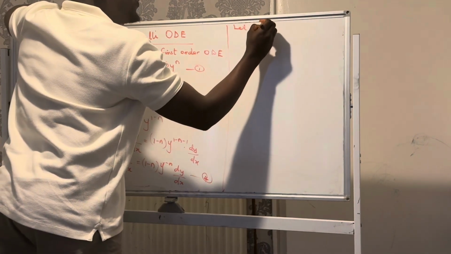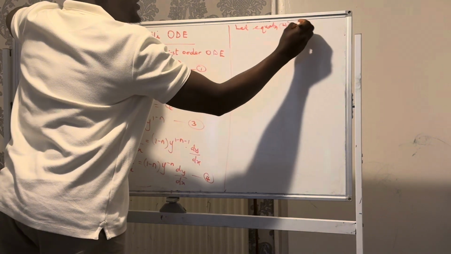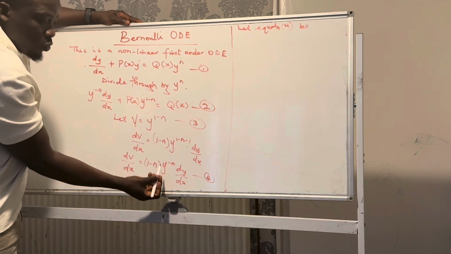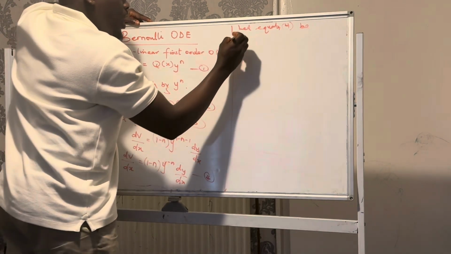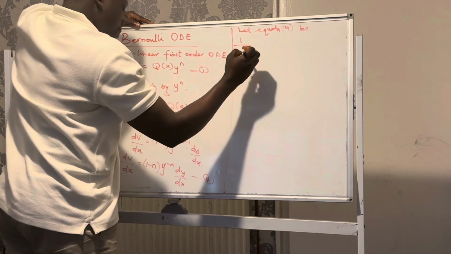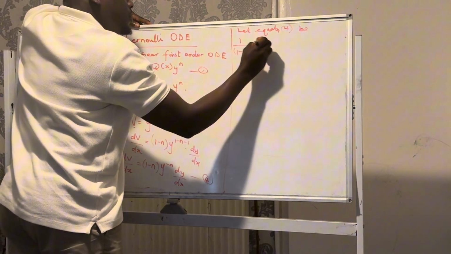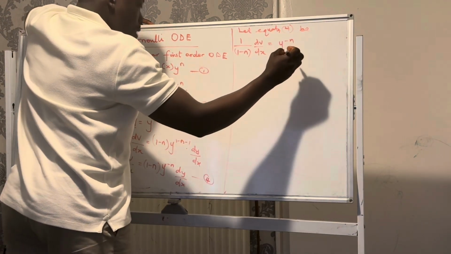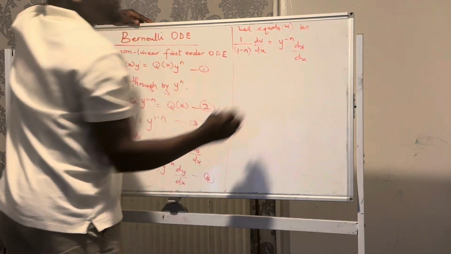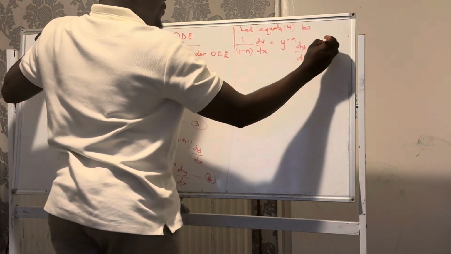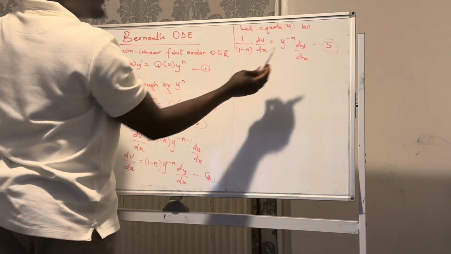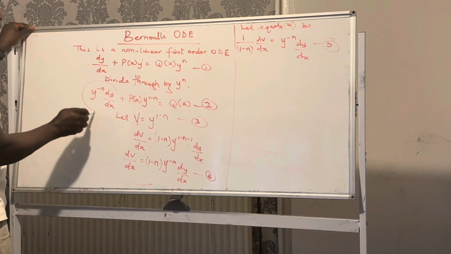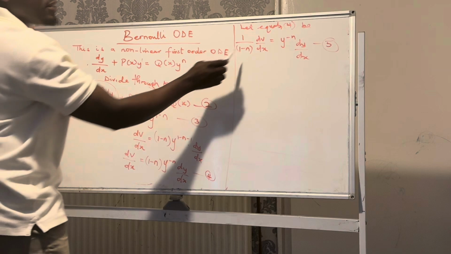Let equation 4 be, so we divide all sides by 1 minus n, so that we are left with y raised to power minus n dy/dx. So we have 1 over (1 minus n) dv/dx to be equal to y raised to power minus n dy/dx. I'll call this 5. Our equation 5 can be substituted into equation 2. So instead of writing y raised to power minus n dy/dx, we can write it as this.